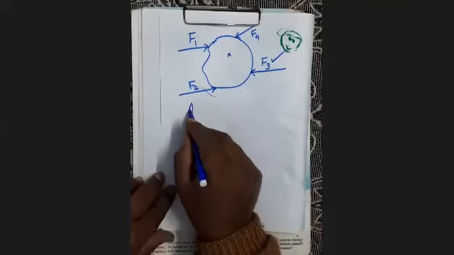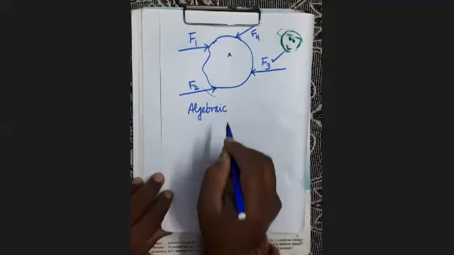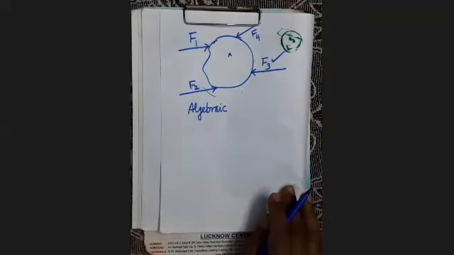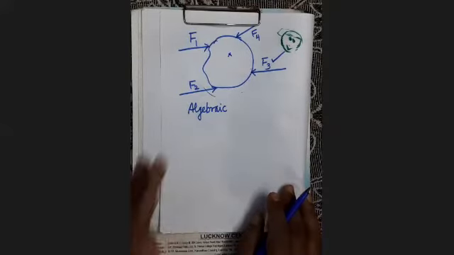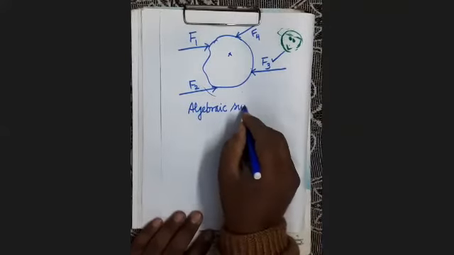The condition of equilibrium will be the algebraic sum. All of you remember that whenever there are only two directions, instead of saying vector sum, we say algebraic sum.